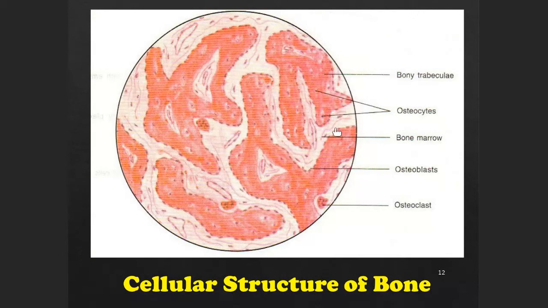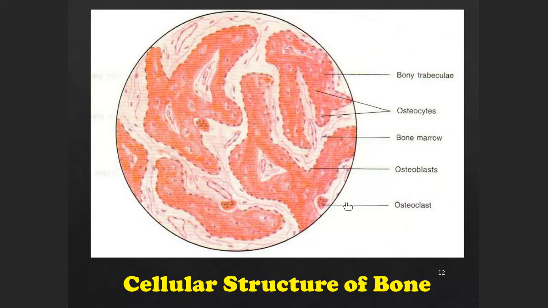So these all are bone marrow structures. Now can you see this giant cell? It has multiple nuclei. Remember, a cell that is giant, that is big, and has multiple small blue dots, these are nuclei. Here also. This multinucleated giant cell is called an osteoclast.